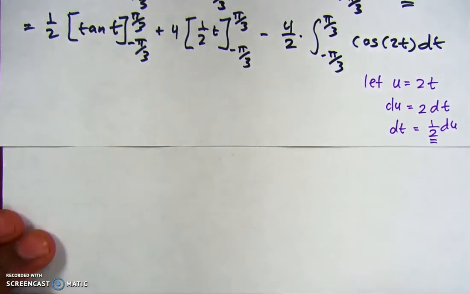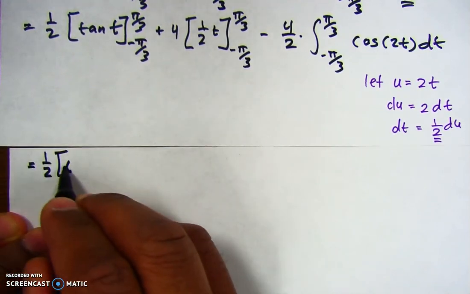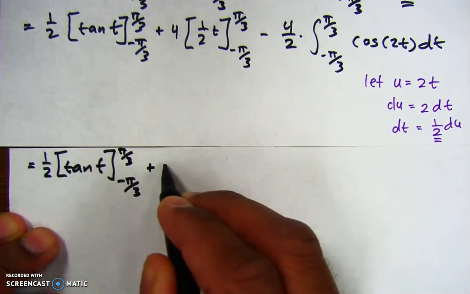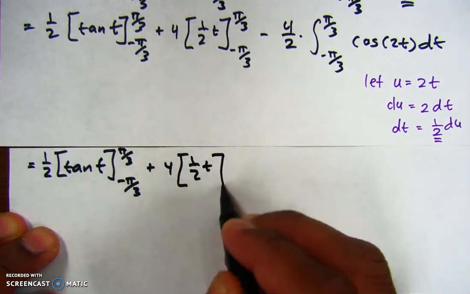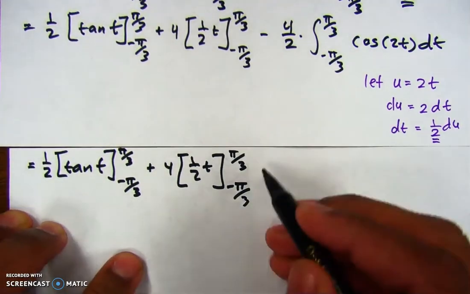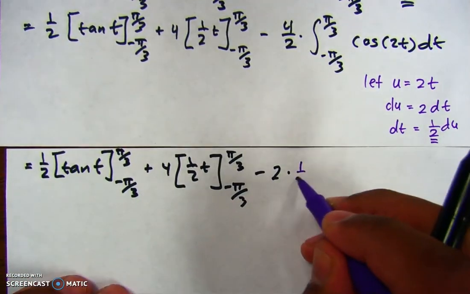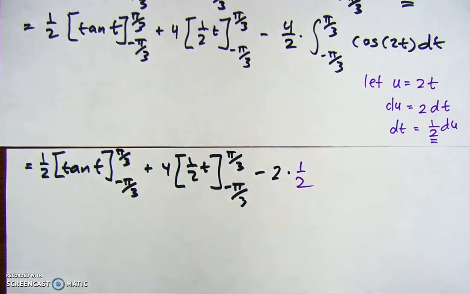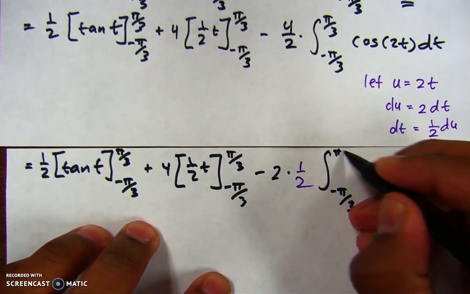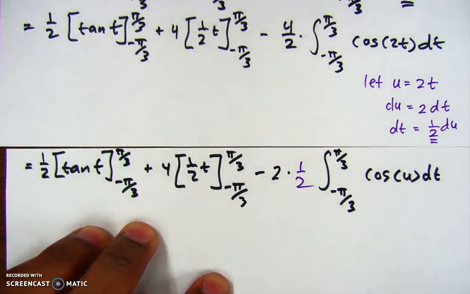Okay, so what I have here is 1/2 tangent t from negative pi/3 to positive pi/3 plus 4 times 1/2 t from negative pi/3 to pi/3 minus, now that's 2 times 1/2, that's this 1/2, and this is cosine of u dt now.